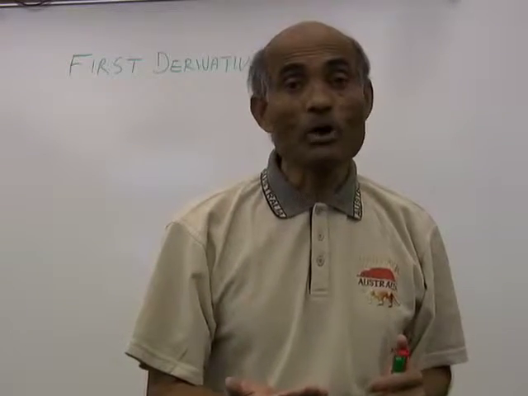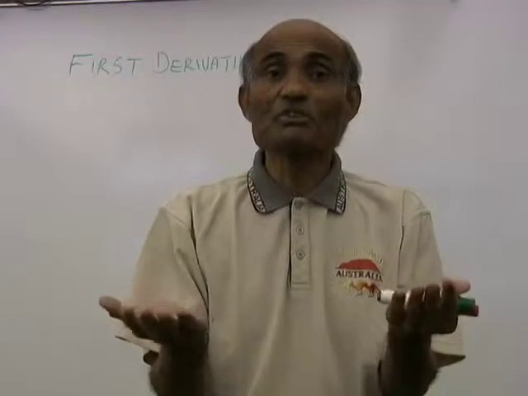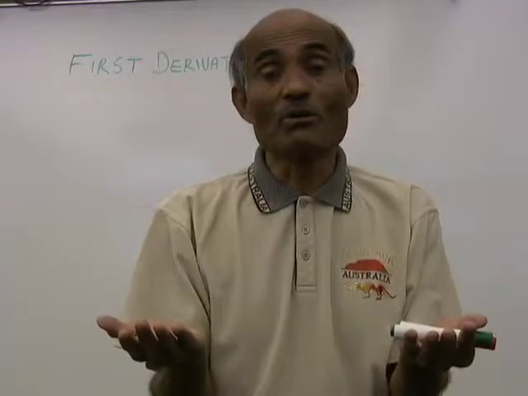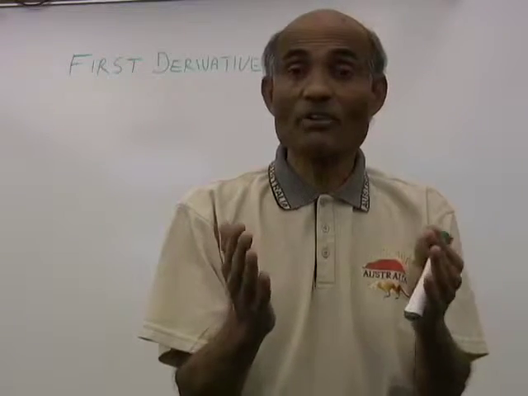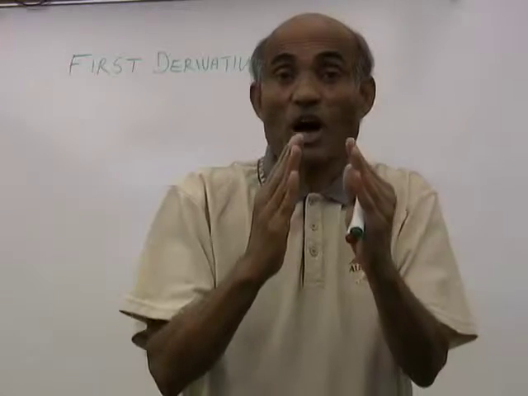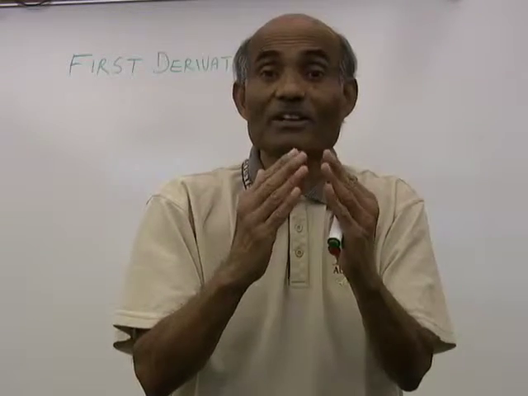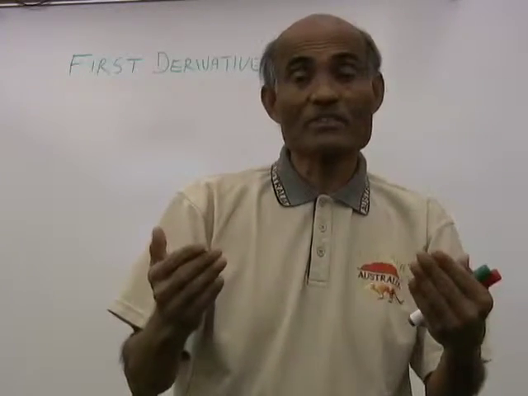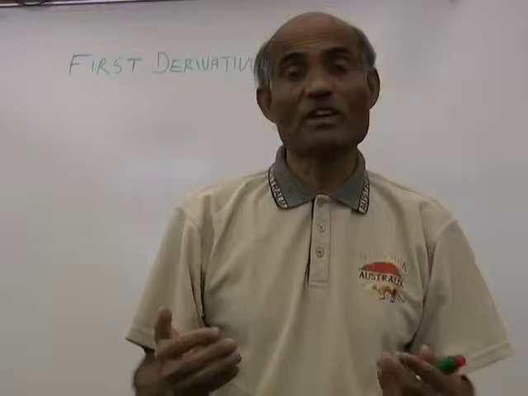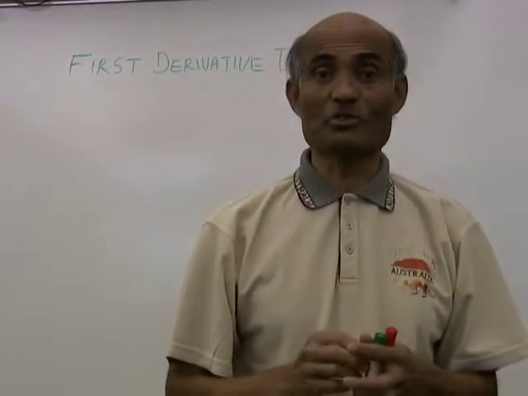Similarly, at a point where the function has a relative minimum, the first derivative is 0. Also, we know that there can be points where the function has a sharp turn, where the derivative is undefined. So all these, the first derivative gives you some information about the behavior of the function.